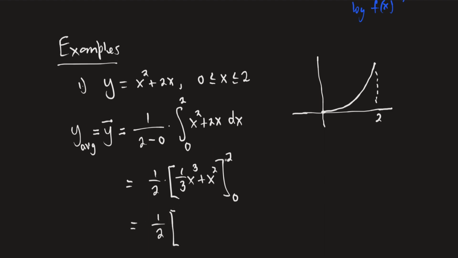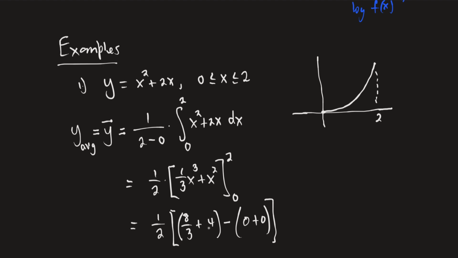When I plug in the upper limit, what do we get? We get 8/3 plus 4. 2 squared is 4. And then at the lower limit, this entire polynomial evaluates to 0. So it's 0 plus 0, right? So that works out nicely.